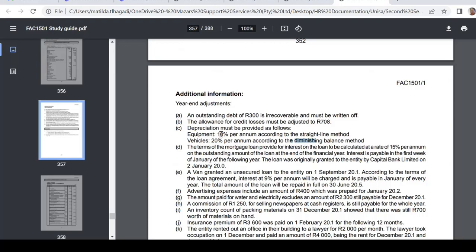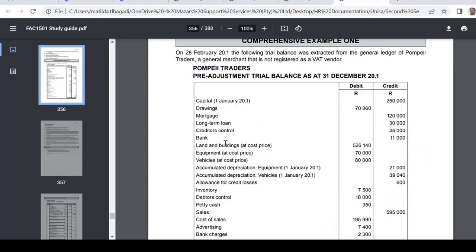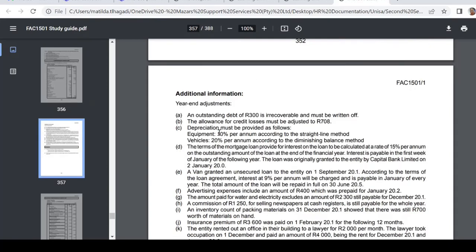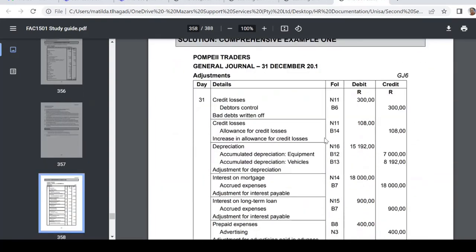So we need to calculate this equipment at 10%. Let's see what the equipment is. The cost price is 70,000, so it's going to be 70,000 times 10%, which is 7,000. So we're going to debit depreciation with 7,000 and credit accumulated depreciation with 7,000.